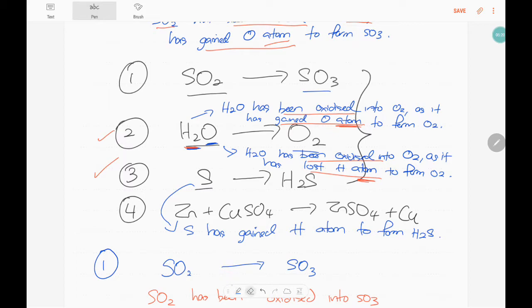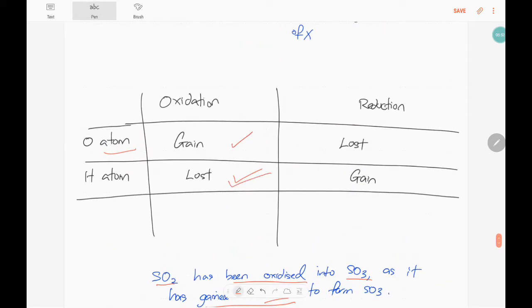Okay, so following the same template, S has been reduced into H2S as it has gained hydrogen atom. So once again, for this case, it is reduction. Why? Because it has gained, once again, hydrogen atom. So once again, I'm using this definition, right?